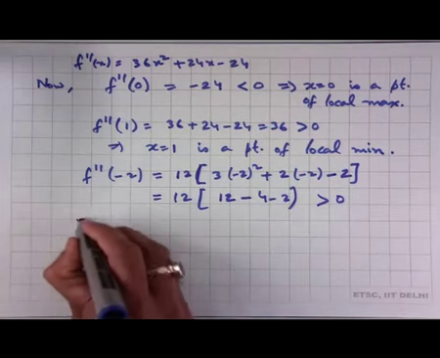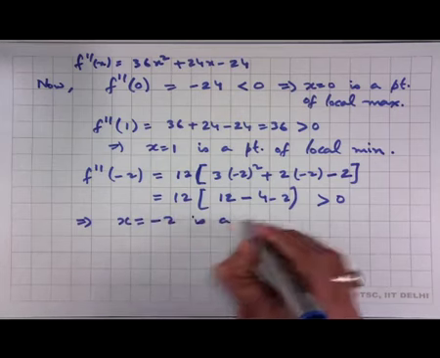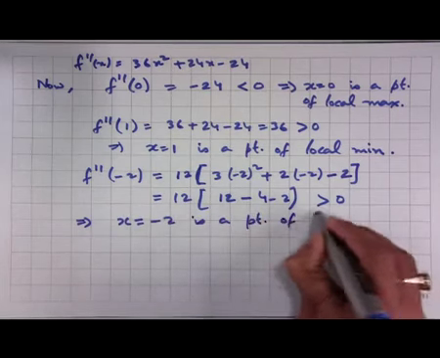So, this implies x equal to minus 2 is a point of local minima.